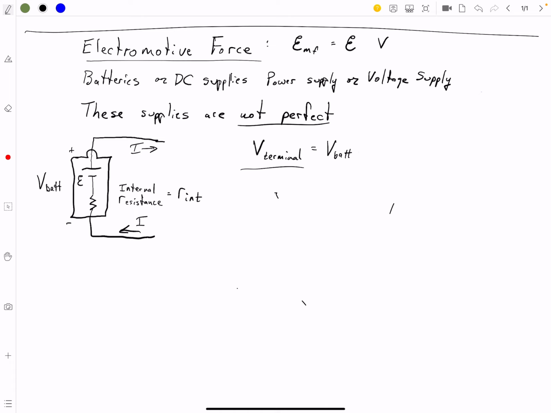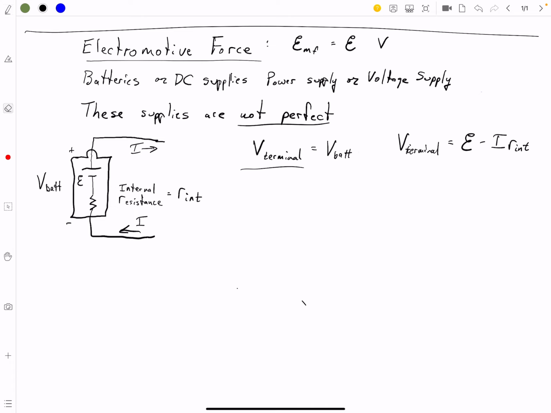And it turns out that if you do a little loop rule, you'll see that V terminal is equal to our EMF minus the current that we have flowing times the R internal.